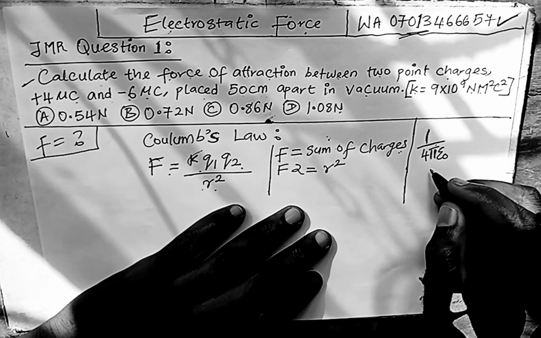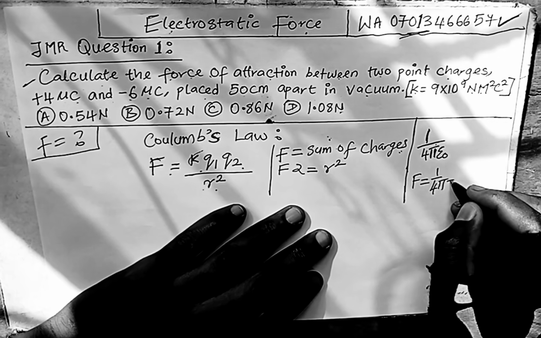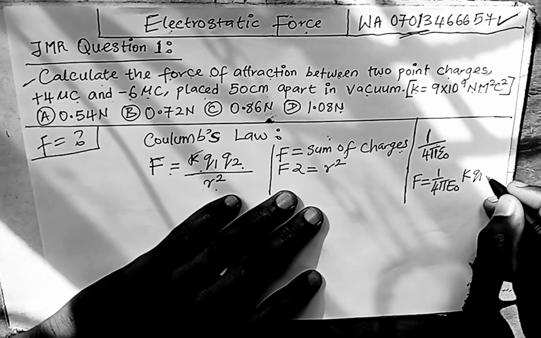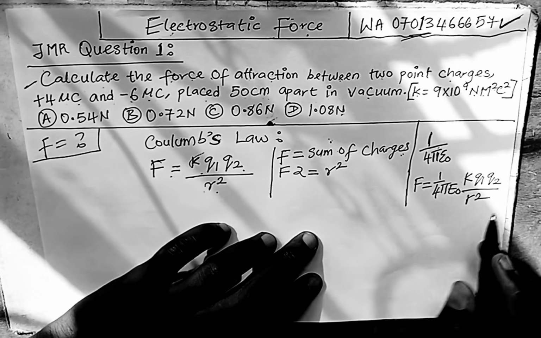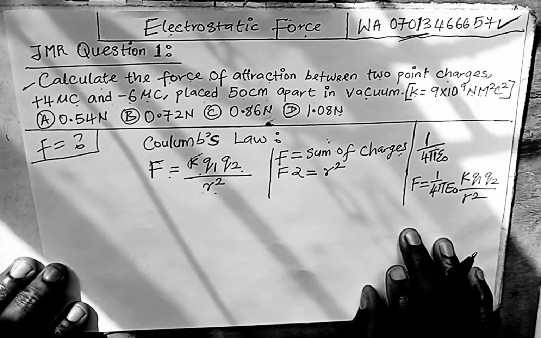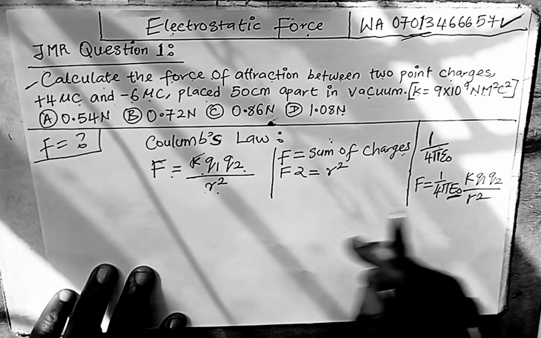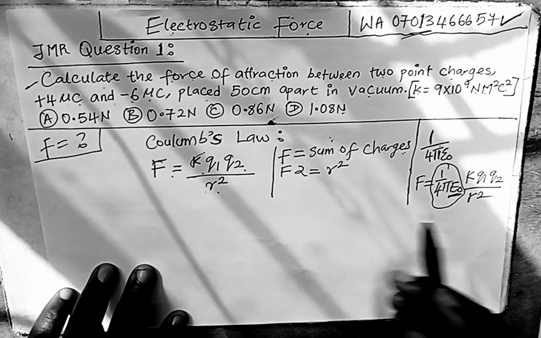You will get F equals 1 over 4 pi epsilon naught times Q1 Q2 over R square. But it wasn't given in this question, so we don't need the permittivity of free space.